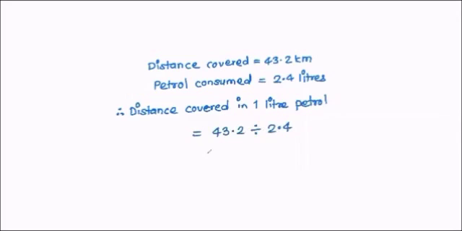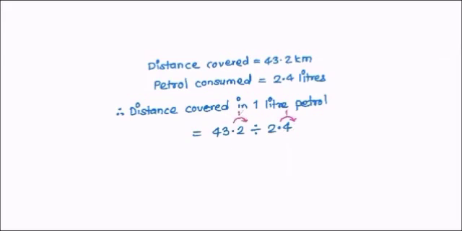So now we know that this is a division of a decimal by a decimal. In this case, we need to make the divisor a whole number. So we have to move this decimal point 1 place to the right. If I am moving this 1 place to the right, I have to move this also 1 place to the right.